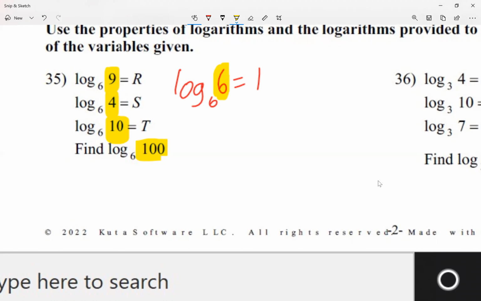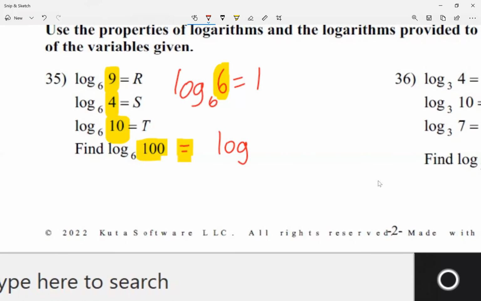Now, some of you might be like, yeah, I can do that as 10 squared or 10 times 10, which is the same thing. So let me rewrite log base 6 of 100. Let me let this equal log base 6 of 10 squared.